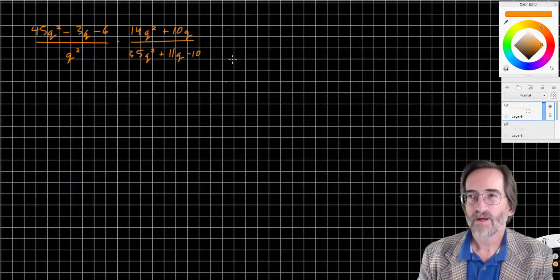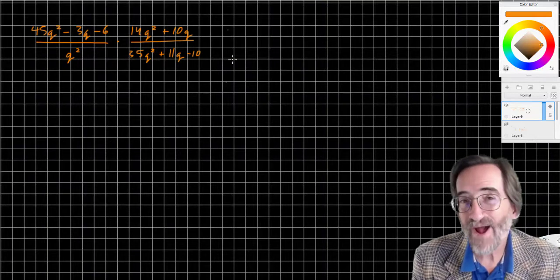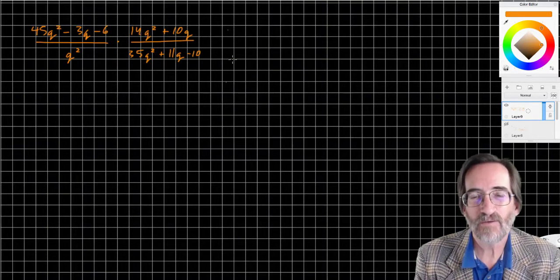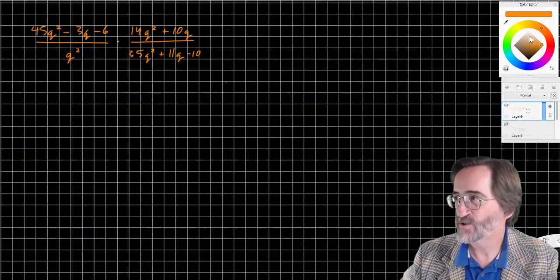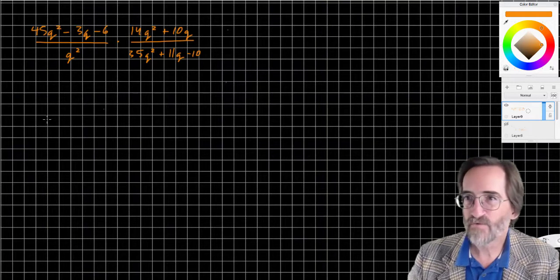Okay? And remember what we did. We factored first, and then we saw what could cancel from top and bottom, what common factors existed on top and bottom. So we're going to factor.